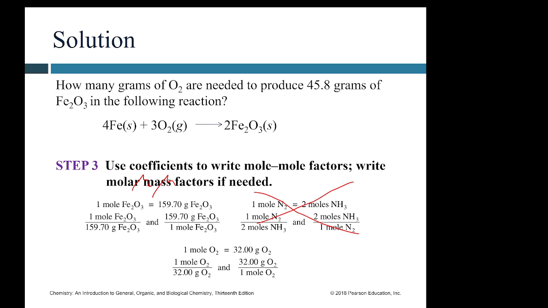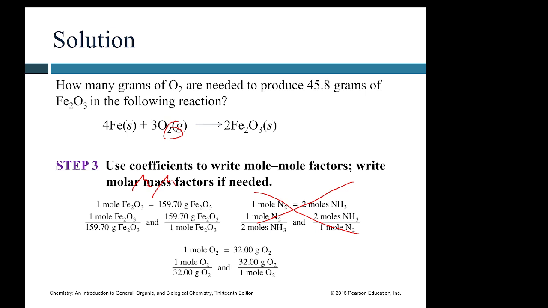And that is what on the periodic table? 15.999. It's going to be times what? 2. Yeah. Because it's O2, right? So there's 2 oxygens in there, O2. I'm going to multiply that number from the periodic table by 2. That's going to give me 32.00 when I end up rounding it.